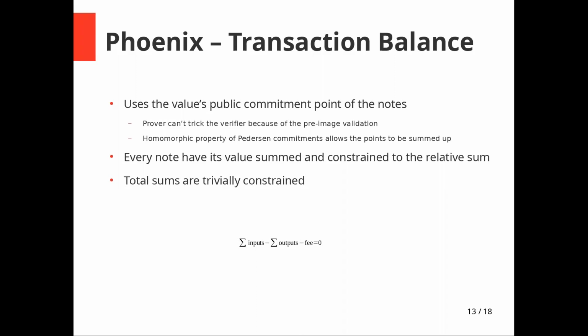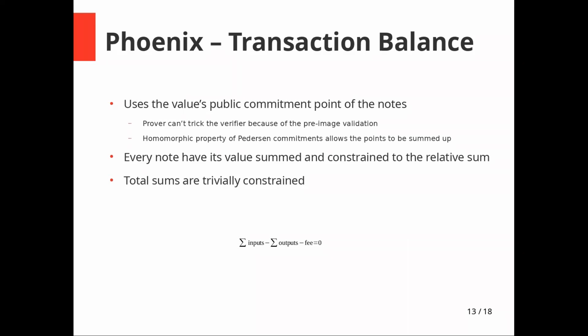And after I perform every sum, I constrain the difference to the commitment point again to guarantee that the difference of value is equal to the value of the node. So this way, we guarantee that we are adding only the value of the node.